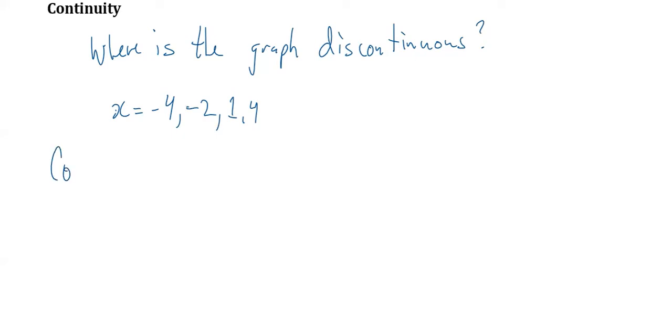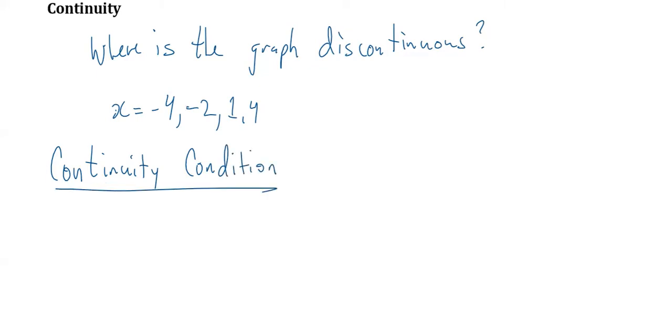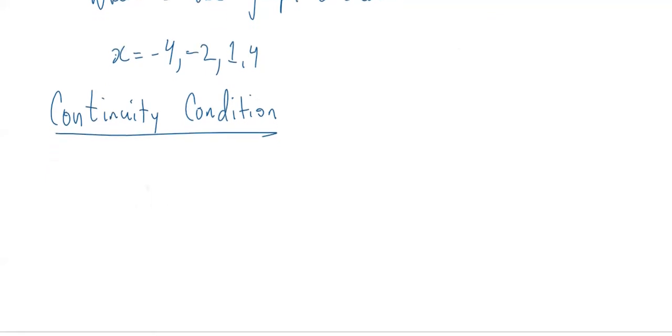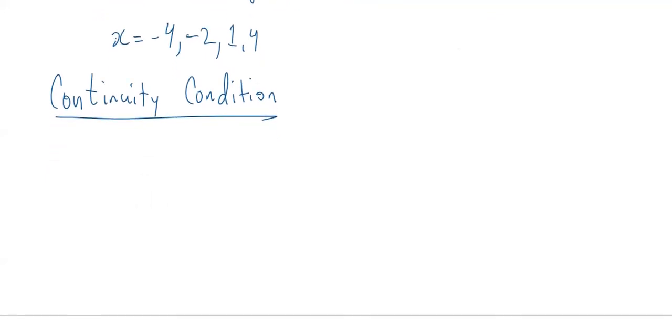So now I want to talk about the condition for continuity. I'm going to write this down formally, but you have to make sure you understand what it means. This is why, for any part of a graph, whether or not it's continuous, we can come up with a very simple, succinct definition that involves limits.